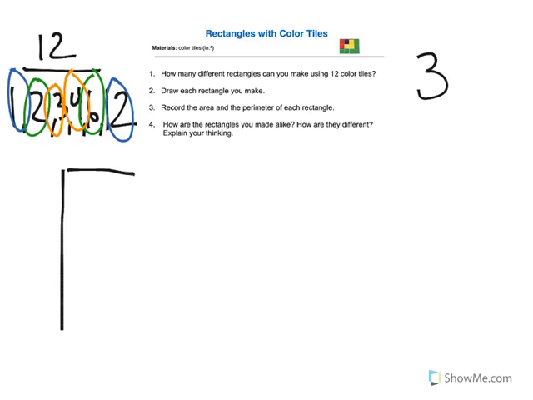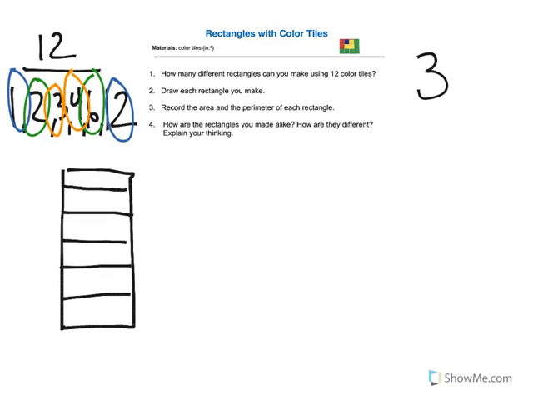Let's do the 6 by 2 first. So we need to split this into 6 parts. So there's 1 section, 2 sections, 3 sections, 4 sections, 5 sections, and 6.